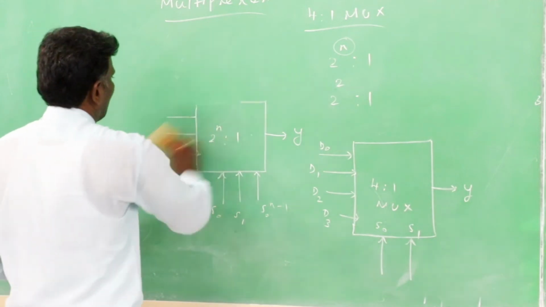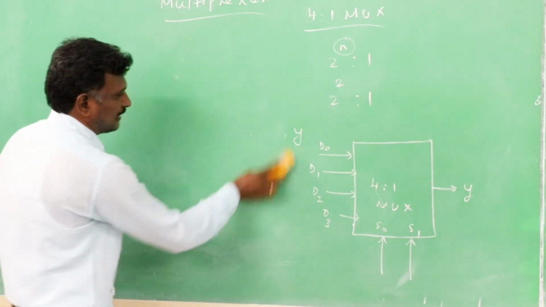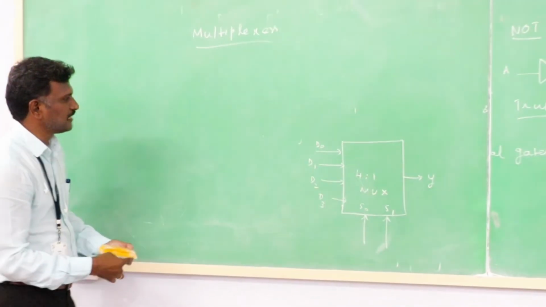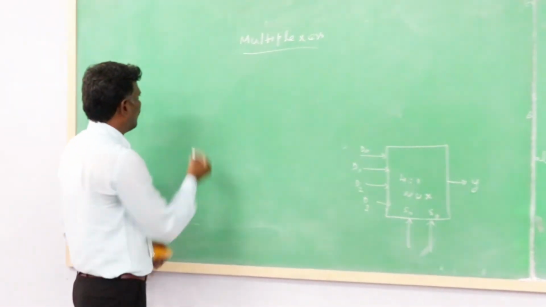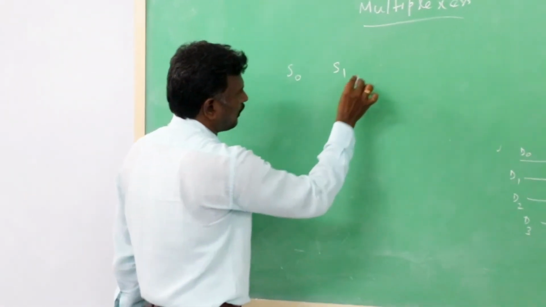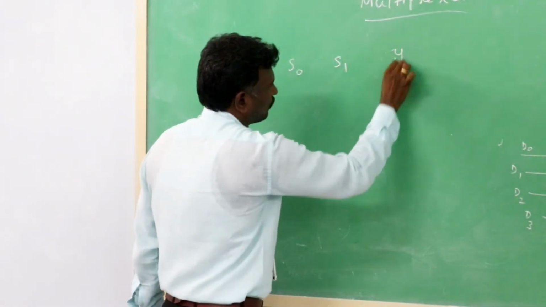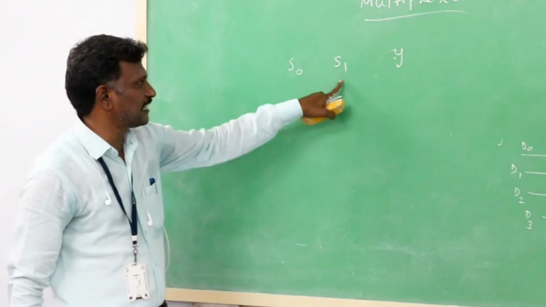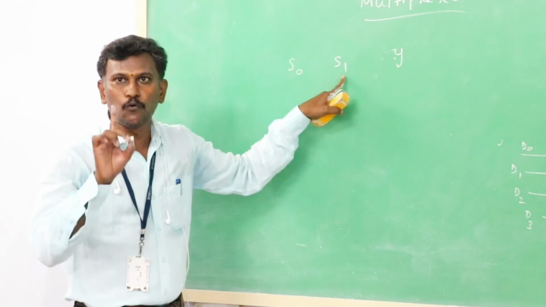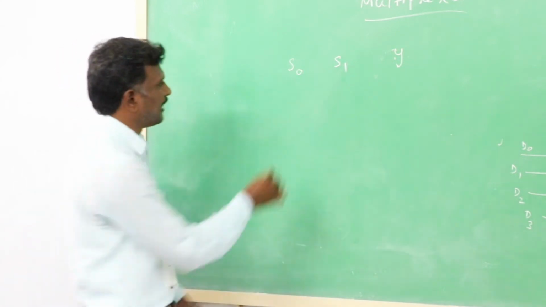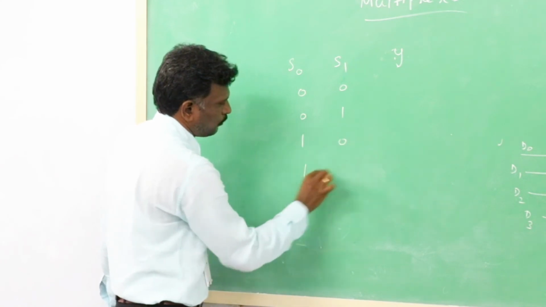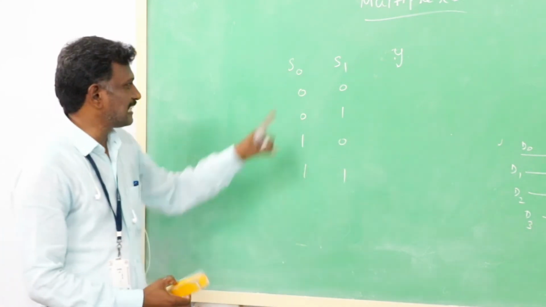Now the relationship between the input lines, selection lines and output response. Here there are 2 selection lines S0, S1, and the output Y. Two selection lines means there are 4 possible combinations: 0 0, 0 1, 1 0, 1 1. So these are the selection lines.